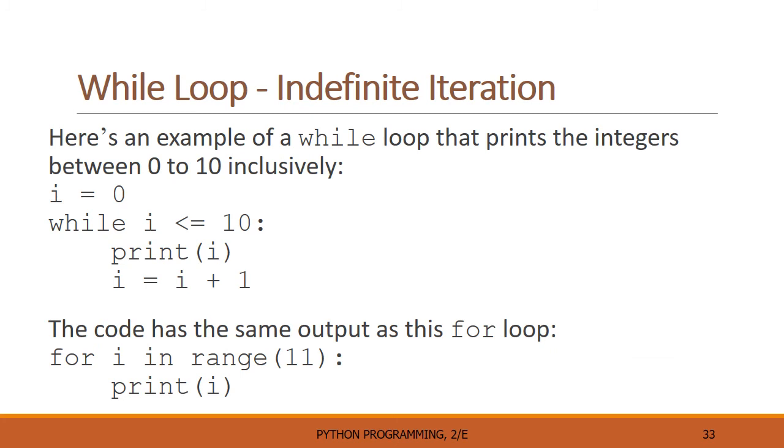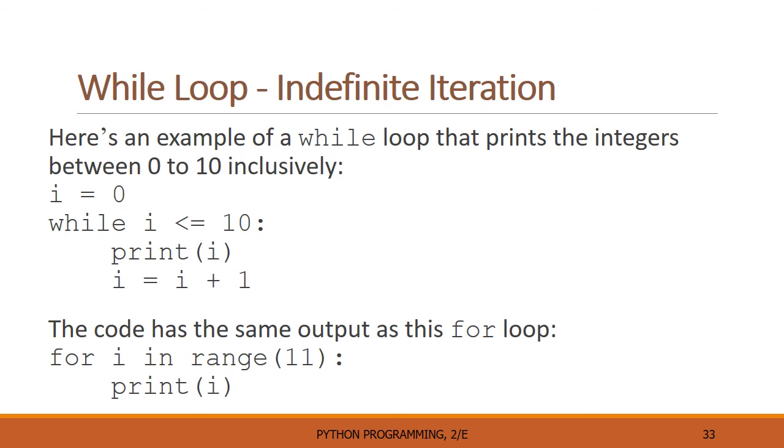So here is an example of a while loop that prints the integers between 0 and 10 inclusively. We initialize the variable i to 0. And as long as i is less than or equal to 10, that's our Boolean expression, that's going to either be true or false.